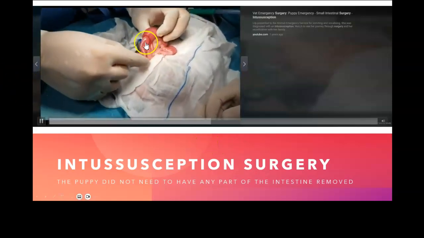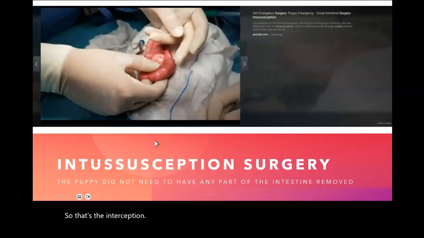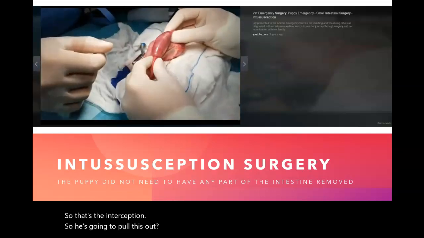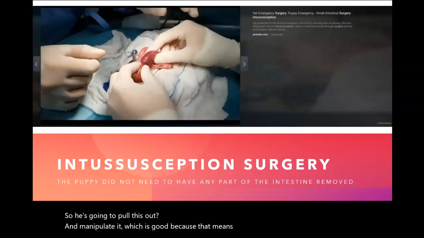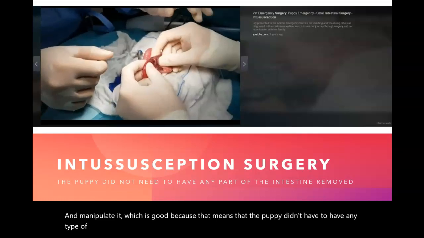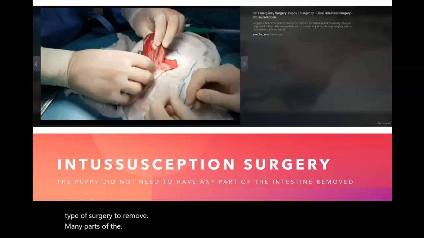That's the intussusception. This piece of the intestine here is actually going on the inside of that piece there. So he's going to pull this out and manipulate it, which is good because that means that the puppy didn't have to have any type of surgery to remove many parts of the intestine.